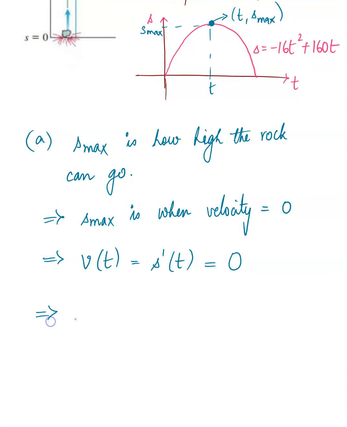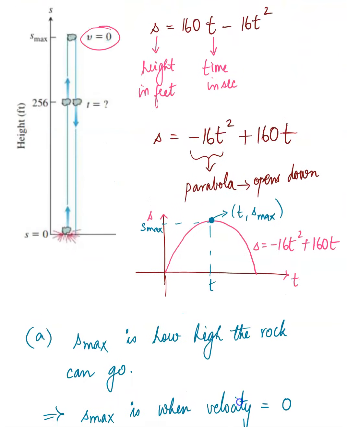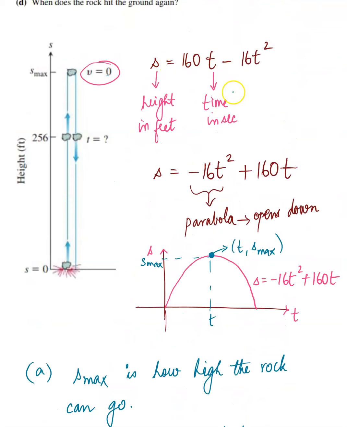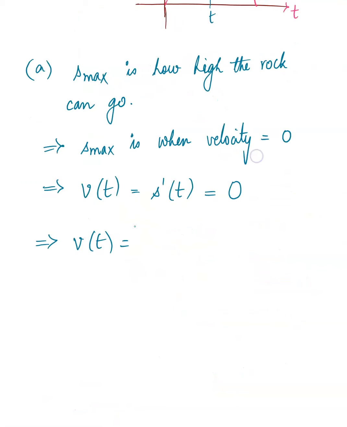So then you go ahead and find v of t, which is the first derivative. So come back here and take the derivative. You can take it in any way, we'll just go by how it is presented in the problem. So I'm going to look at it as 160t minus 16t squared. So the derivative of this would be 160 minus 16 times 2t.